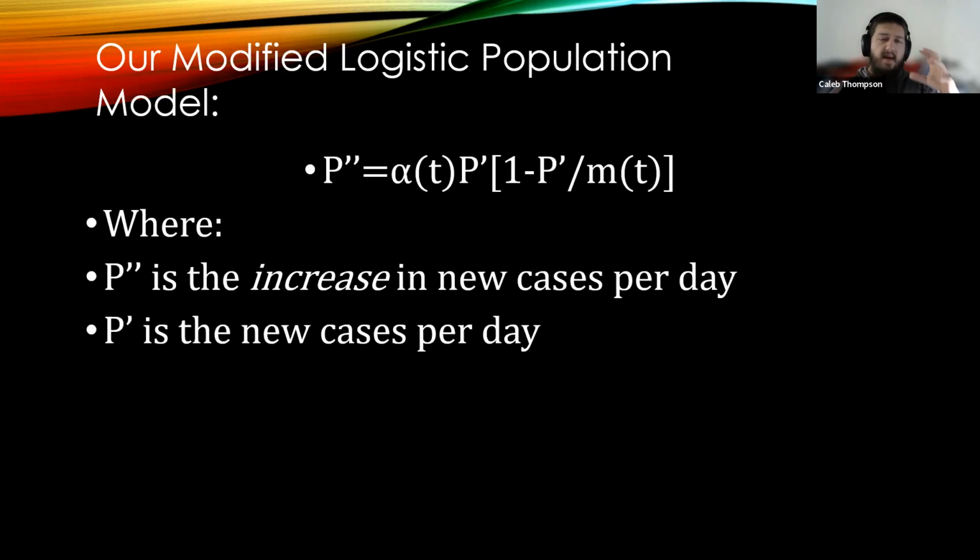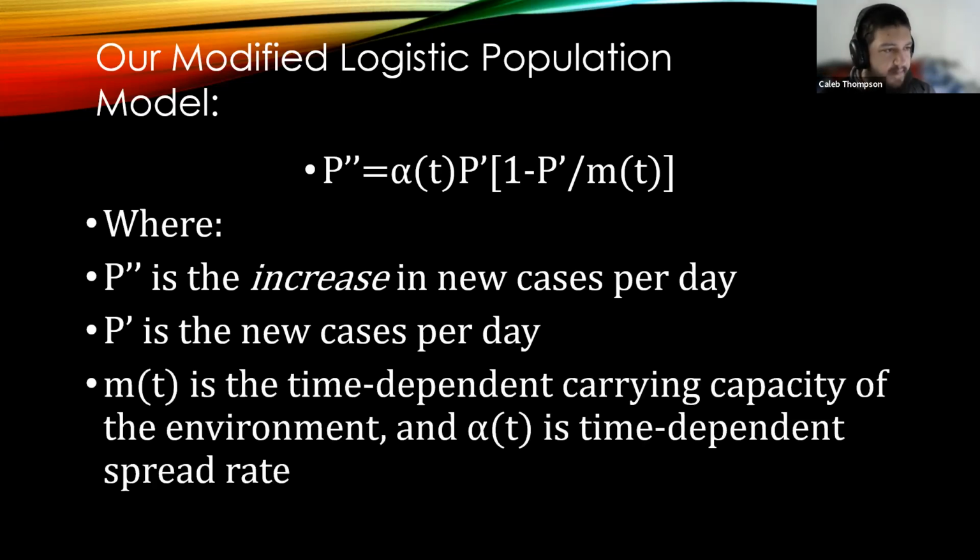We basically just moved the derivative order up by 1. P double prime is the change in new cases per day, so there are 17 more new cases than there were yesterday.